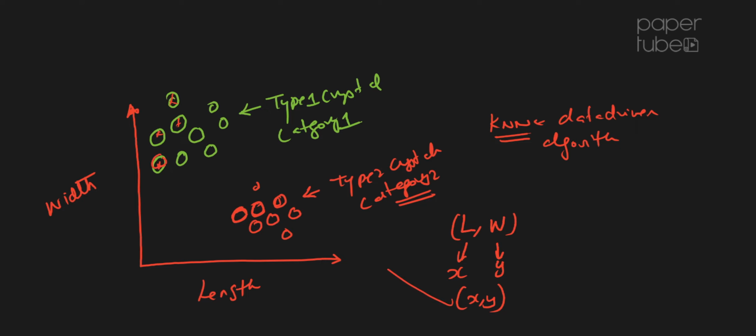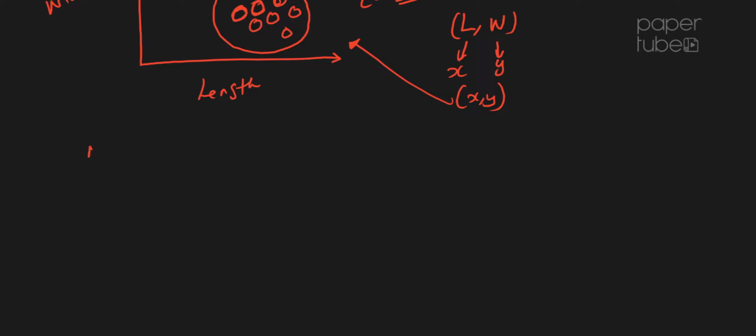When you plot them, you get a graph similar to this. For the moment, let us believe that we know there are two clusters in this plot of length and width, and we know one cluster belongs to category 2, and another cluster belongs to category 1. Just imagine if you went to the lab and you have the morphological features of a new crystal.